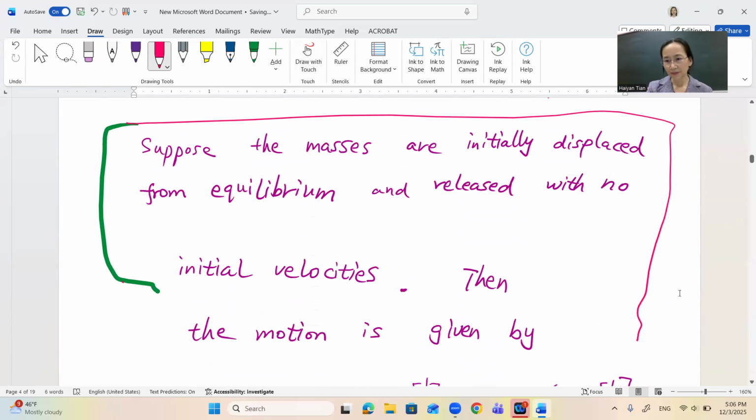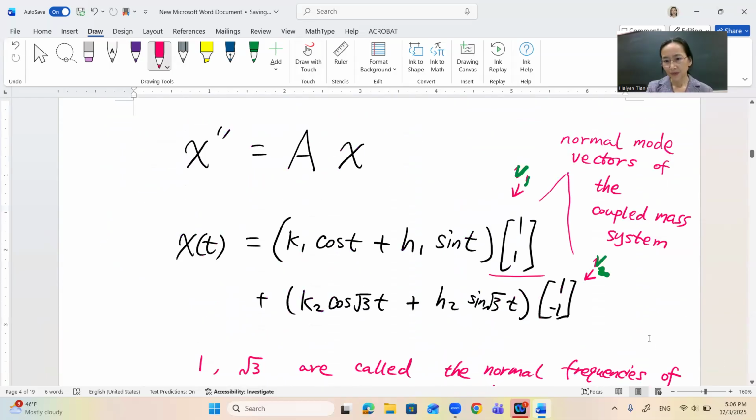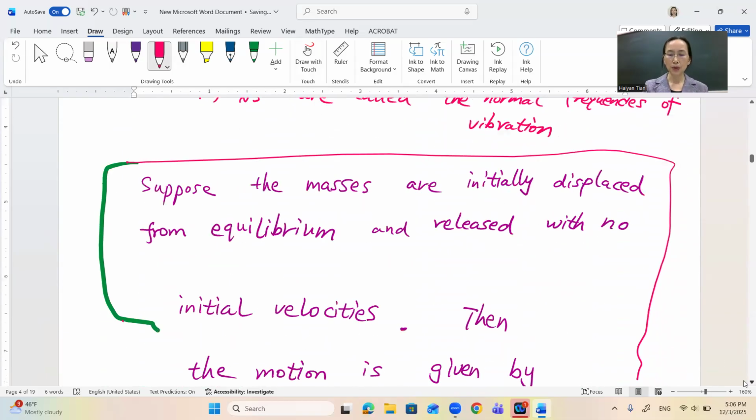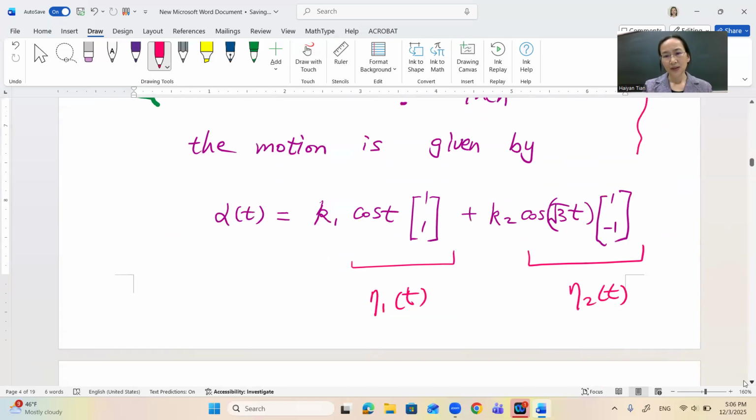So this is a definition for normal mode. And basically, that means any more complex motion can be written as a superposition of these two normal modes.